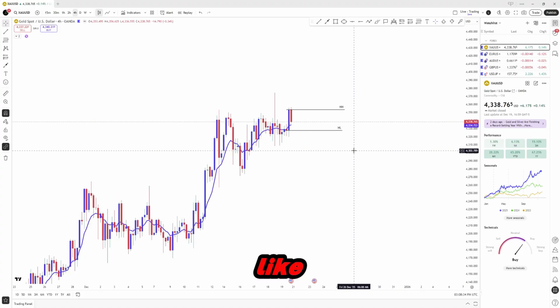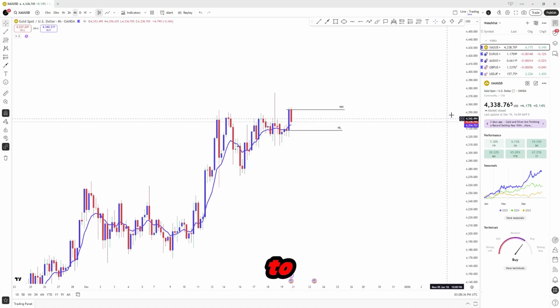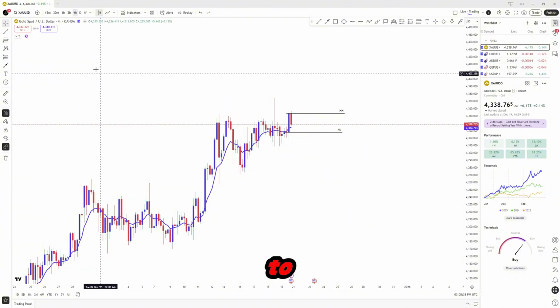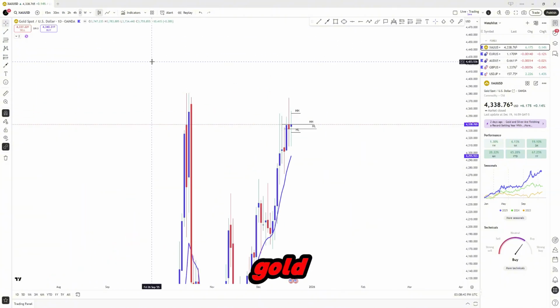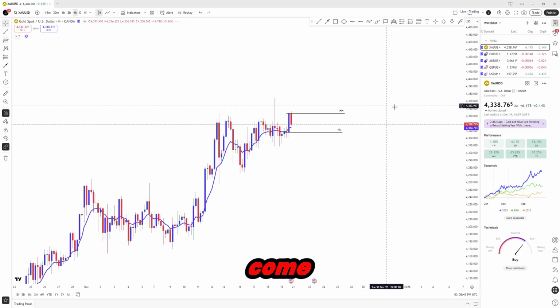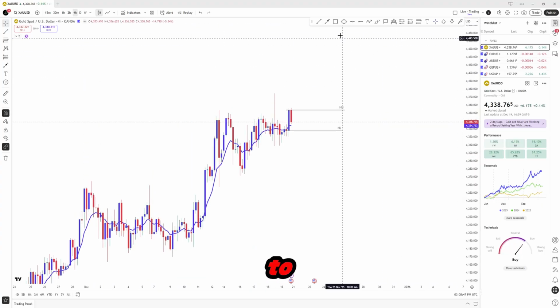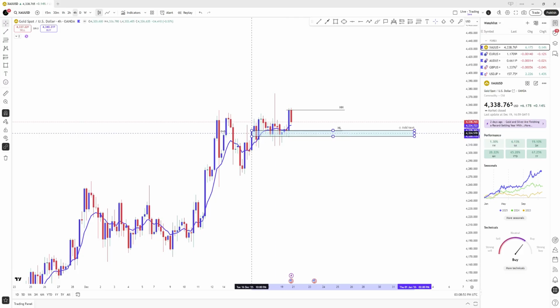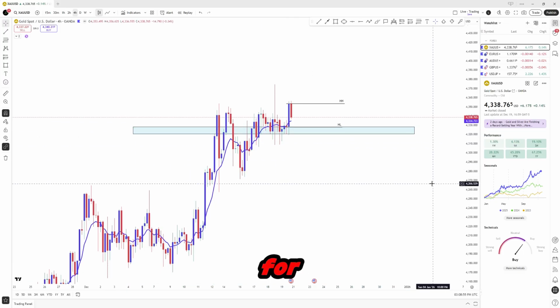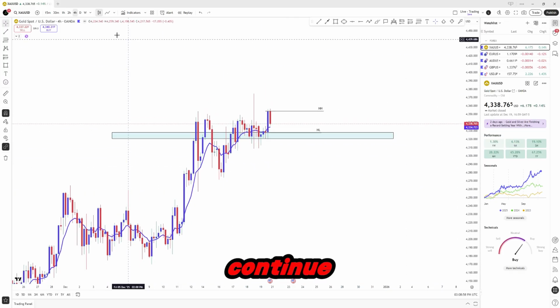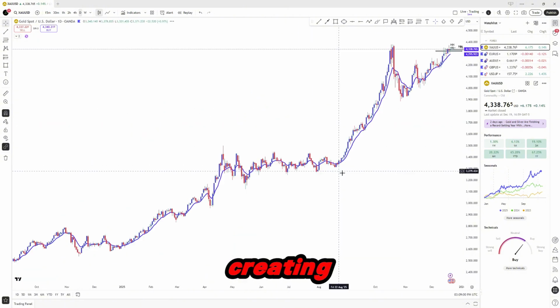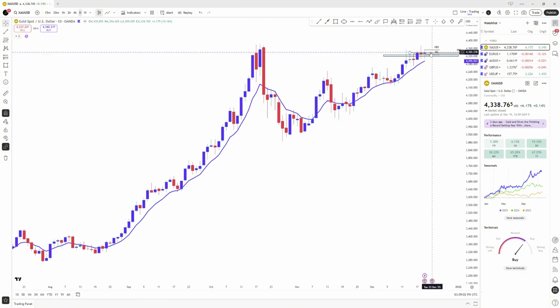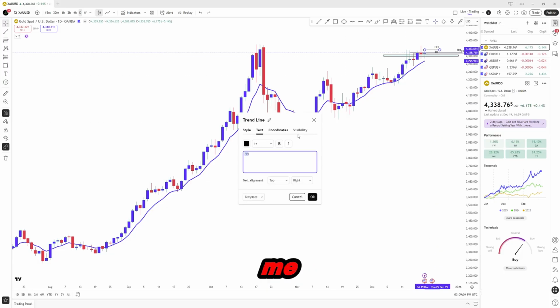What I would like to see for gold to do this week to continue the uptrend will be for gold to come down to this zone right here. Hold on, give me a second.